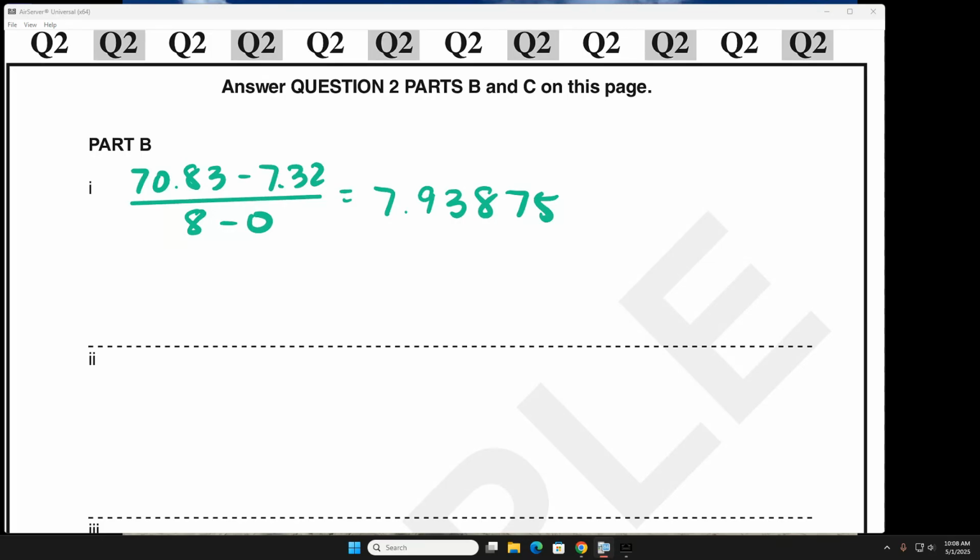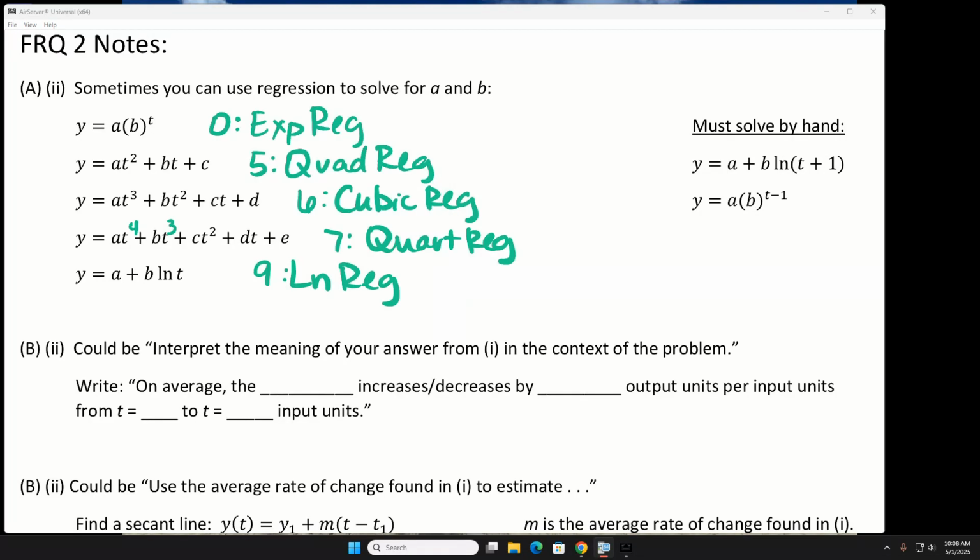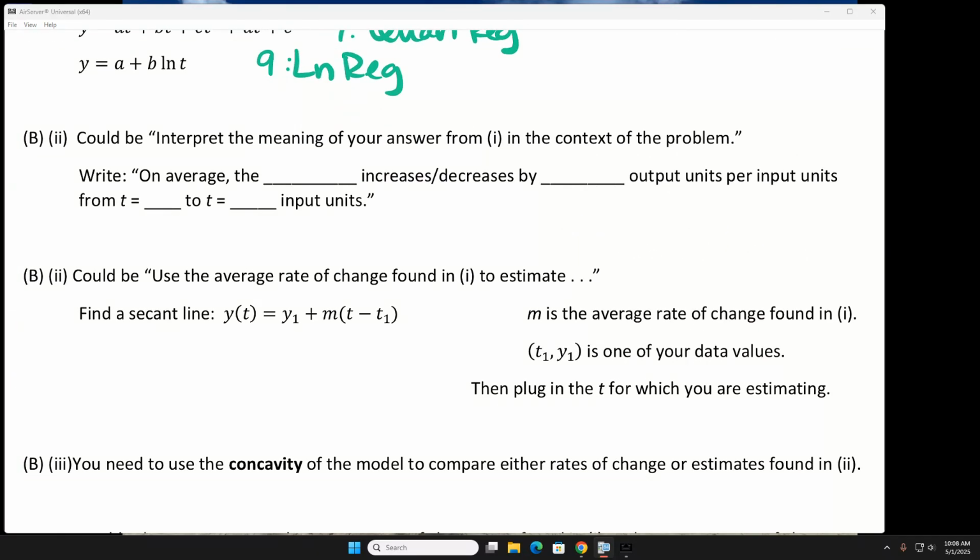Great, and then part B2 will be one of 2 different things. So this one says to use the average rate of change found in part 1 to estimate the number of subscribers at time t equals 6 years and show the computations that lead to the answer. So that is this one here. All right?